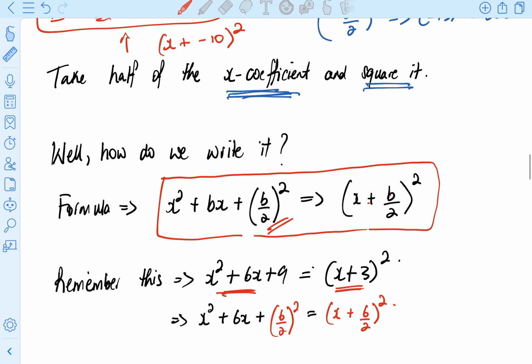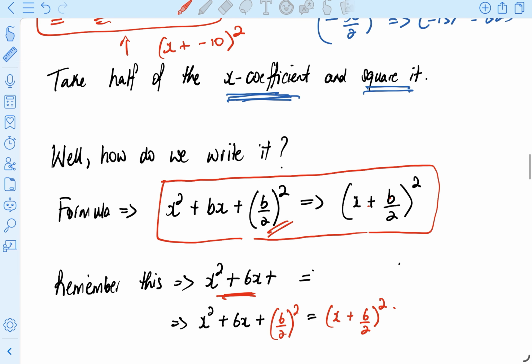If I did not give you this 9 and you didn't know what that was supposed to be, how would I do it? Well, this last term here would be 6 over 2 squared. And 6 divided by 2 is 3, and 3 squared is 9. And that's how I would get this 9.